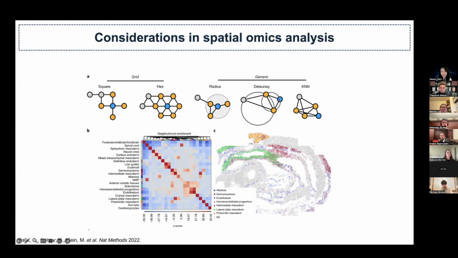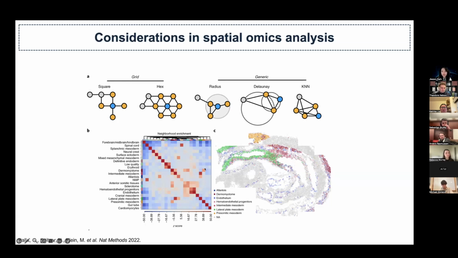You can also delineate distances and look into how the cells form the neighborhood by looking at their distance. And you can also do KNN clustering of all of these regions and look into how the cells form and define neighborhoods in different ways. So these are the three most common ways to define a cellular neighborhood when it comes to spatial analysis.